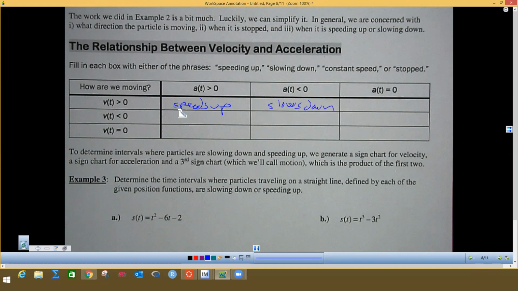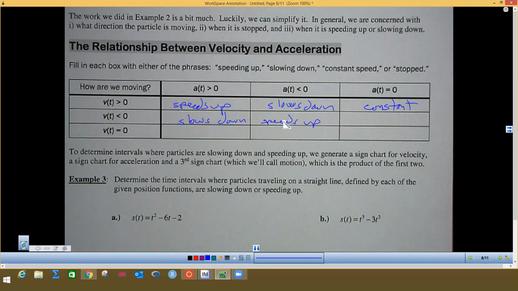And then you got velocity to the right, acceleration is 0, so this is a constant speed because the wind isn't blowing at your back or in your face, you're just doing a constant jog. Now you got velocity negative, acceleration positive, those are opposite signs, so this slows down. Here they're both negative, so you're moving left and the wind is pushing you more left, so this one speeds up.